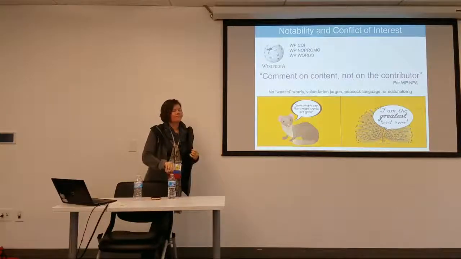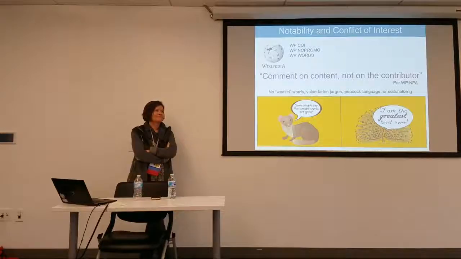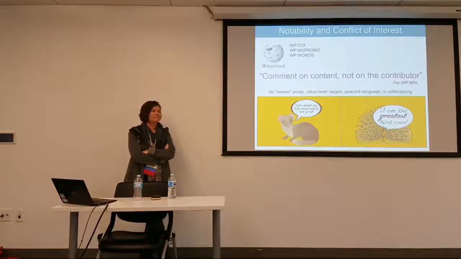There were a lot of sources, but I used some peacock language, like she's the greatest, or has done so many, blah, blah, blah things, visionary. Those signaled to other editors that I was giving undue promotion, and so I was flagged as having a conflict of interest for her.